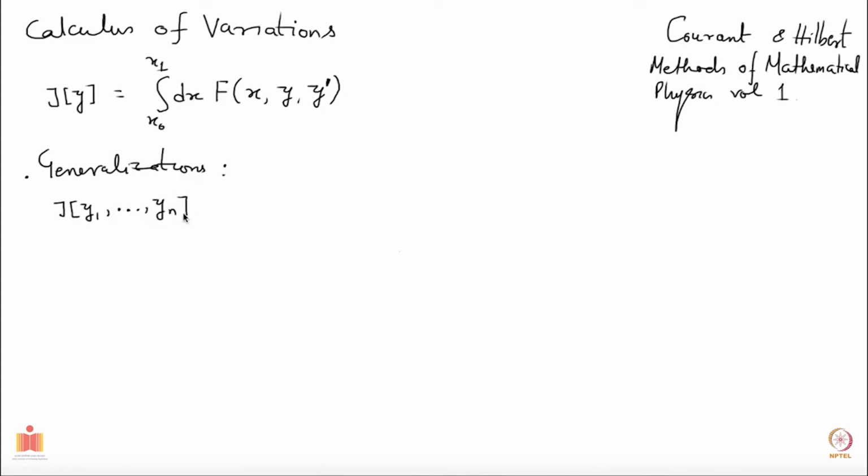So J is a functional of all these functions, with the endpoints fixed, and then you have the integral of dx f of x, y1 and so forth to yn, and then all the derivatives y1 prime through yn prime. That's one generalization possible, where instead of just one function y, you have several of them.